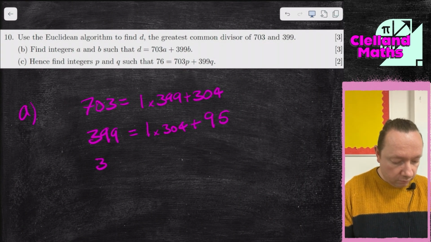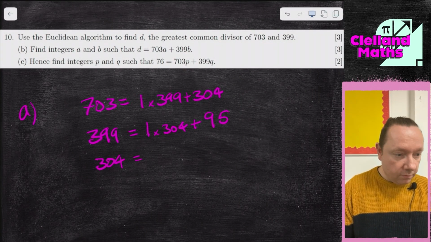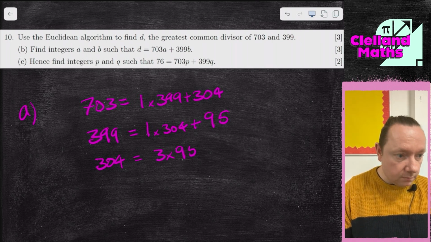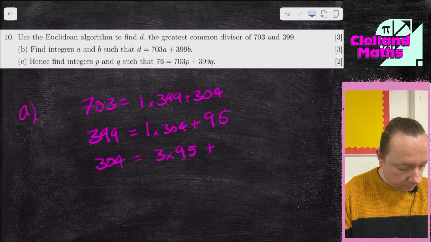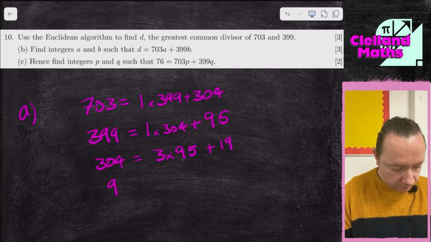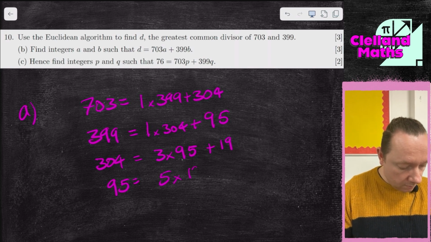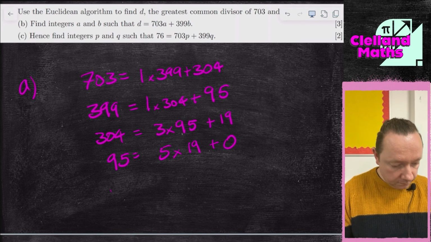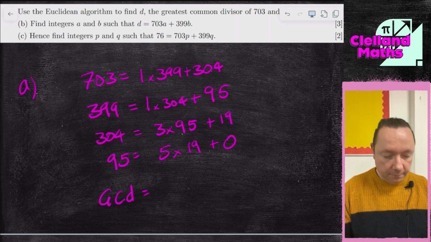So then we take our 304, that equals 3 times 95 plus 19. So then we take our 95, that's 5 19s plus 0. And therefore the GCD is equal to 19.